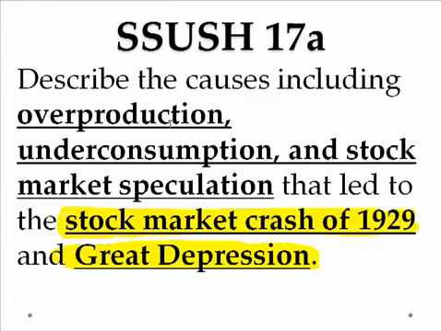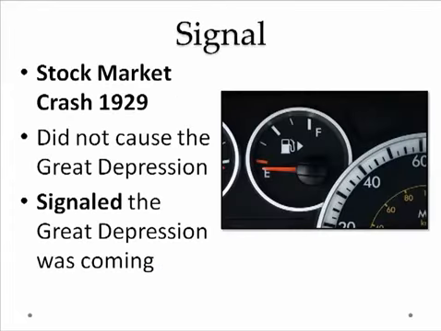Let's read closely our standard. The causes including overproduction, underconsumption, and stock market speculation. Those three are the causes that led to the stock market crash of 1929. What I'm trying to get you to understand here is that the stock market crash is not a cause of the Great Depression. It is merely a signal.